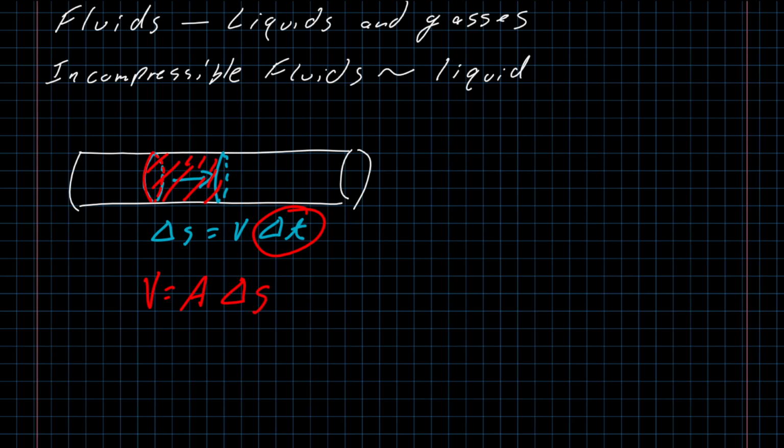And of course, just a quick substitution, that means that the volume of fluid that has passed me by is the area of the pipe times the speed at which the fluid is going times the amount of time that has elapsed.